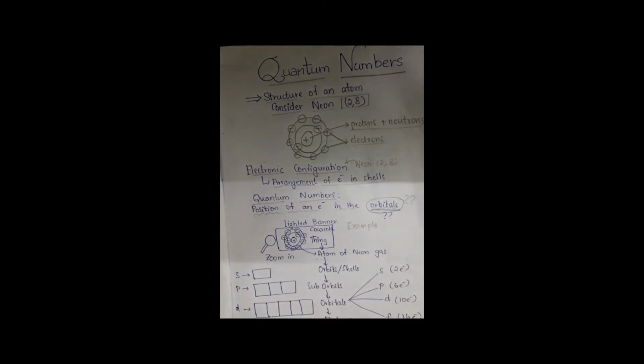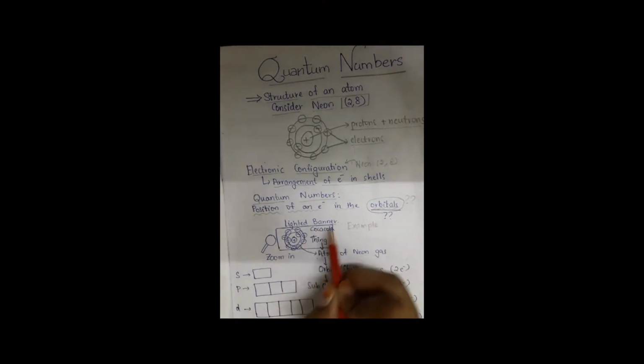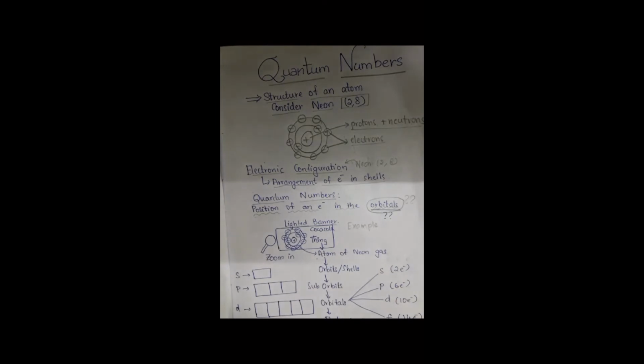Let us consider that you went to a coffee shop and you saw a lighted banner there, be it a Coca-Cola banner or anything else. We know that a lighted banner has neon gas inside it to illuminate it. When we zoom inside it, we see the atom of neon gas. Further zooming gives us orbits or shells.